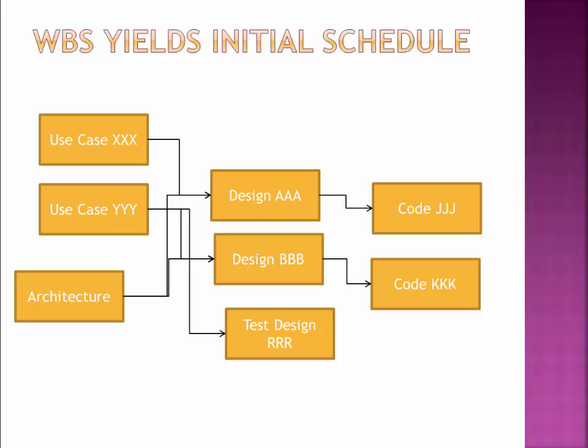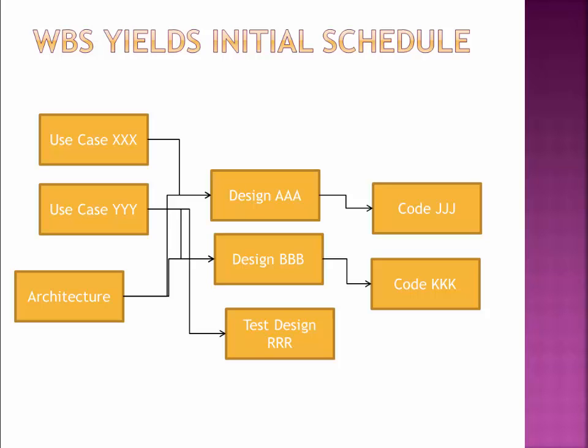And you see from the arrows that use case X comes before design A, and architecture comes before design A. Y comes before B, and architecture comes before B. Y also comes before test design R. And there's no reason why test design R couldn't be done concurrently with the rest of the design pieces here. And then so on and so forth. You see these dependencies start to yield out.